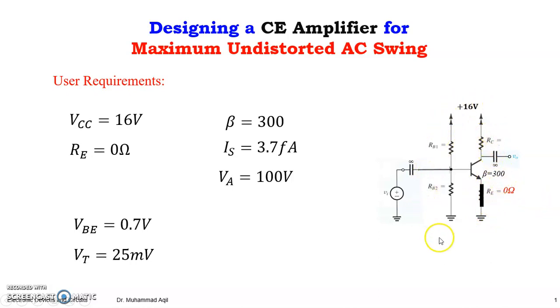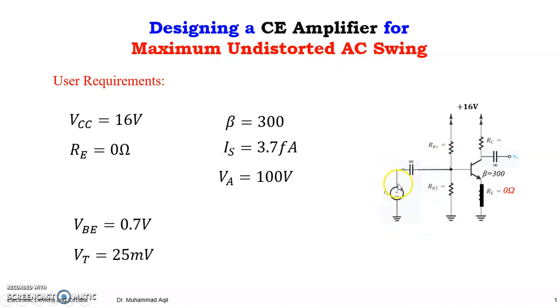We have this amplifier; when designed, it means to find the values of these three resistances so that we can have VBE 0.7 and VCE and IC, and it must ensure VBE is still 0.7 and maximum undistorted AC swing.